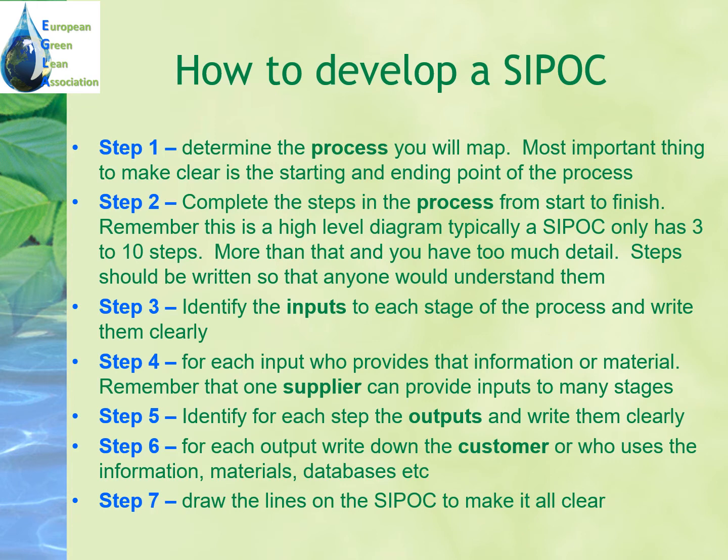And remember again that one step can actually give several outputs for different parts, different kinds of customers. Step 6 is then to write down the customer or whoever uses the information, materials, databases, i.e. the output of the process or the process step. And as the last thing, draw the lines on the SIPOC to make it clear.